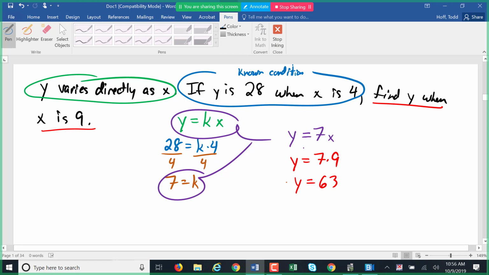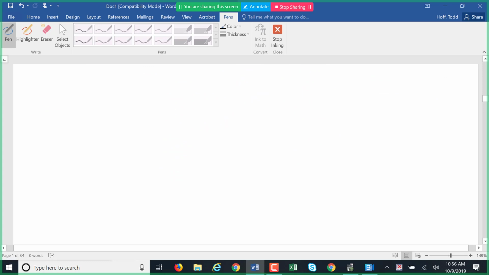We can have y varies directly as the square of x.